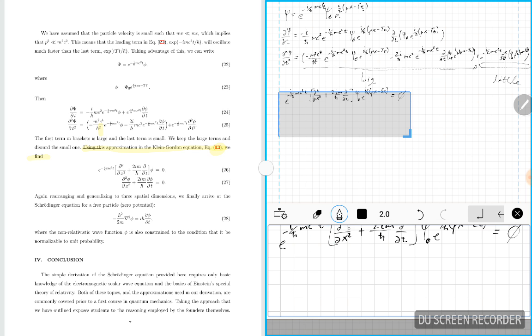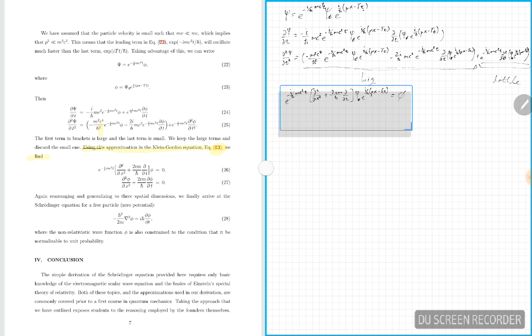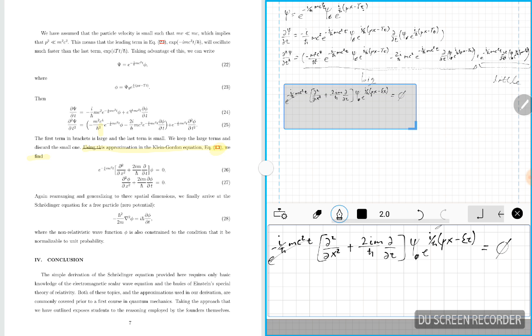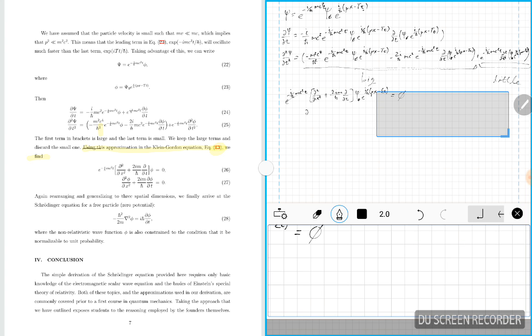We can multiply both sides by this term. That's going to go away. We will now have this second derivative of that wave function. So my second derivative of my wave function, which I am going to go back to my original and just say that that is psi now.